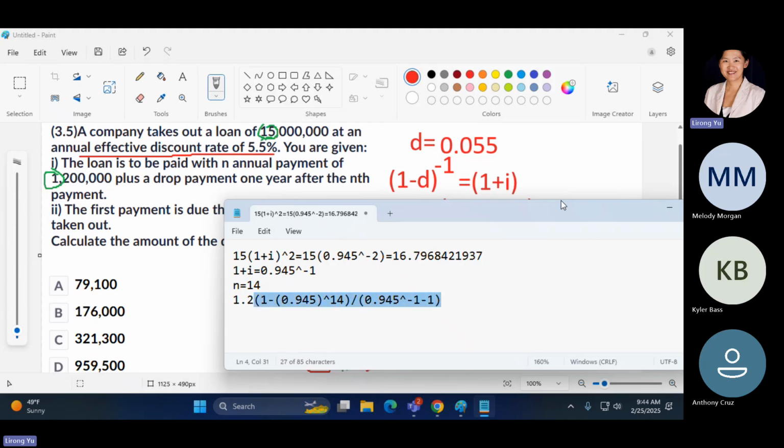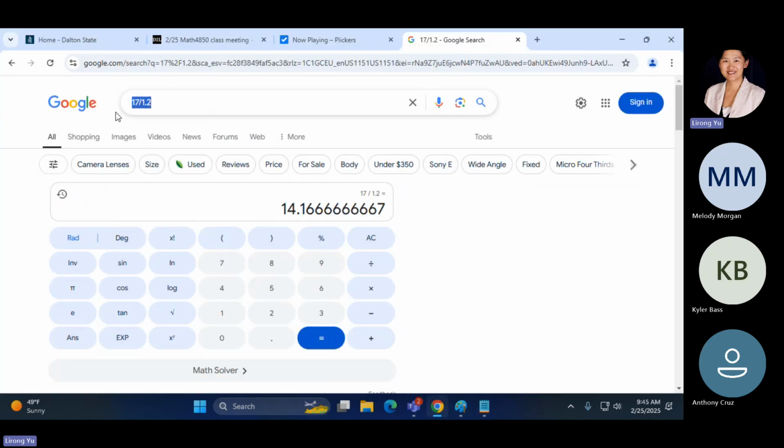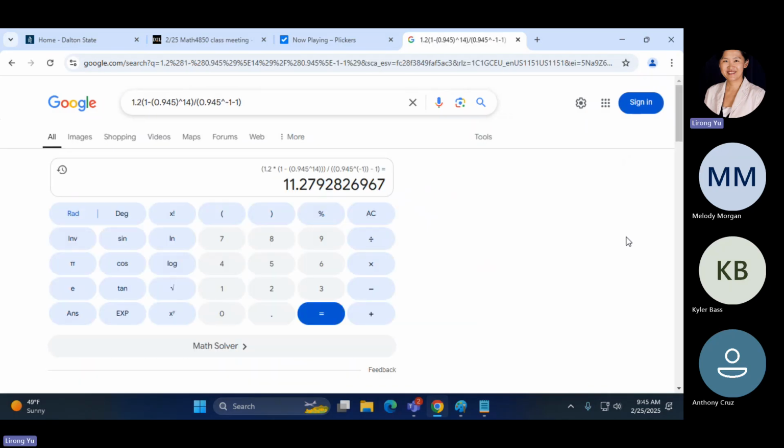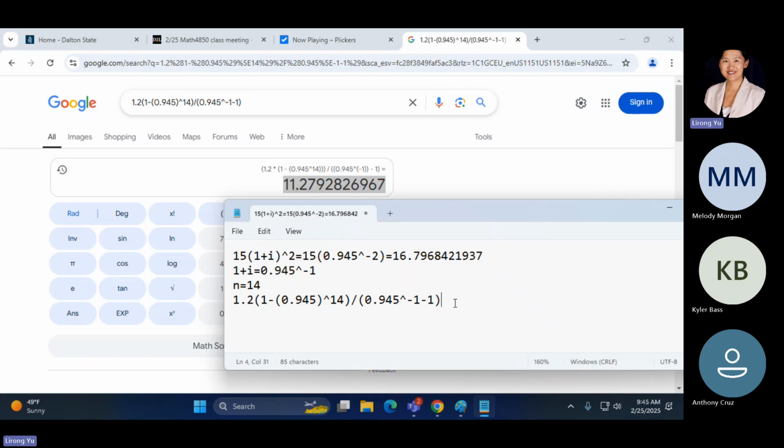I want to see how that value is, whether it's lower or higher than the 16 million. 0.79. Right, so let's see. This is really my approach for it, and that's way lower than expected. So we realized that when we did the calculation of the size, we didn't consider the interest rate. So that's way lower.